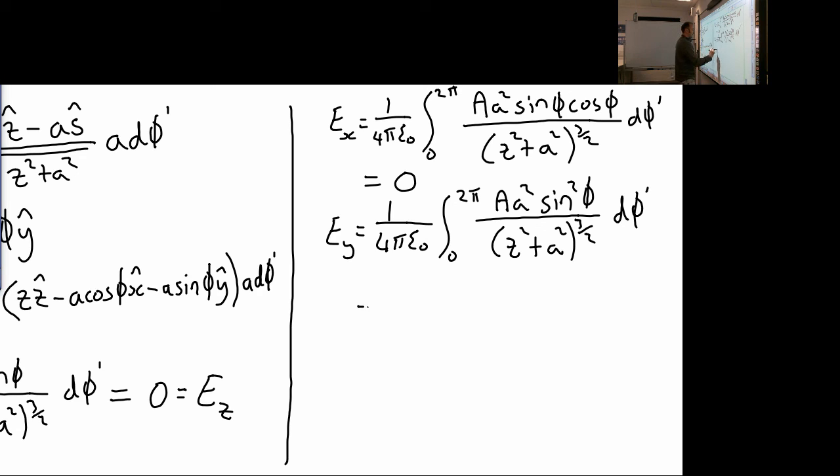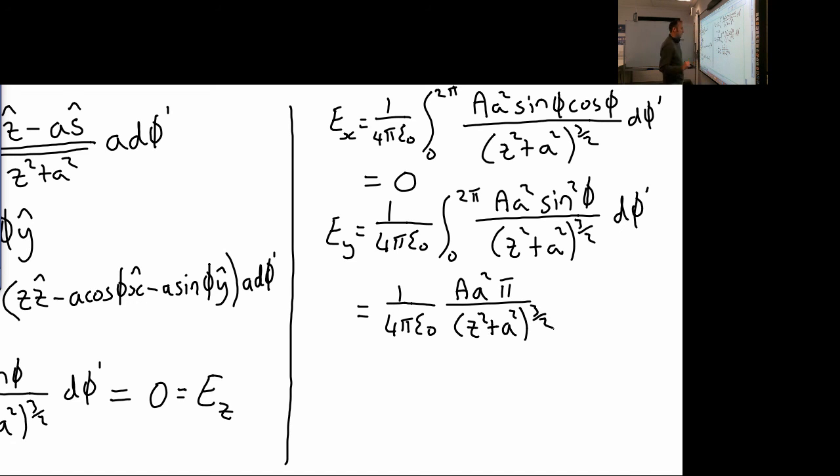So now what we have is over 4 pi epsilon naught, a squared by pi over 2.